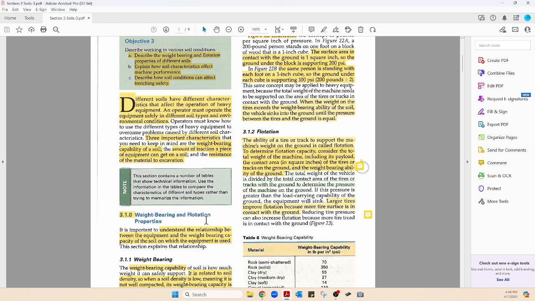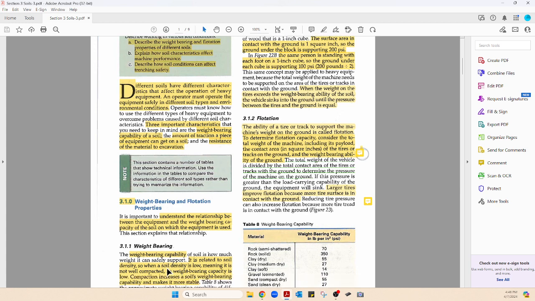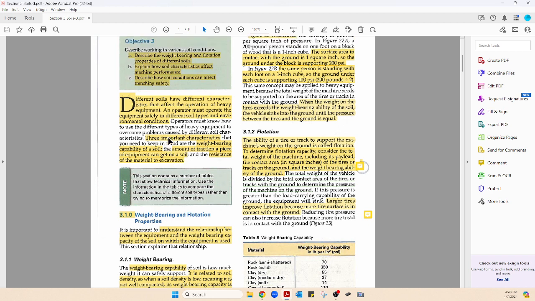So the three characteristics: weight bearing, that was one, and its capability of what kind of load it can withstand; the amount of traction a piece of equipment can get on the soil.